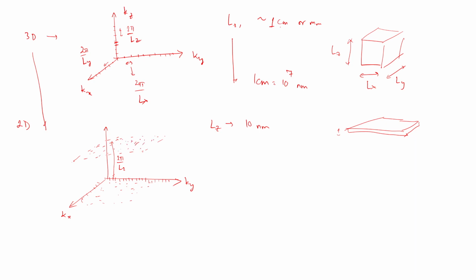Earlier it was so close that you could think of it as continuous. Now it is separated by a factor of almost 10⁷ in this particular gap. So we have a discretization in the z direction.